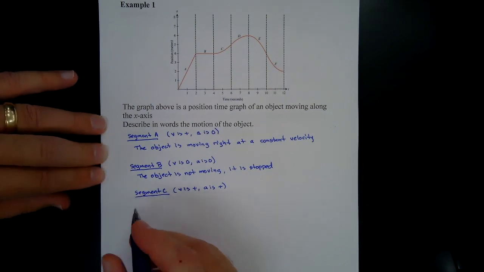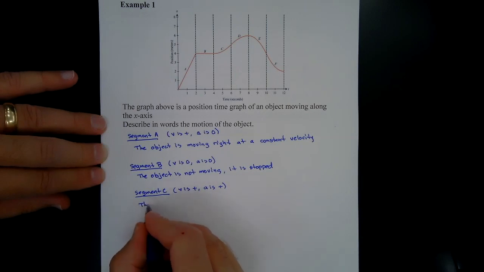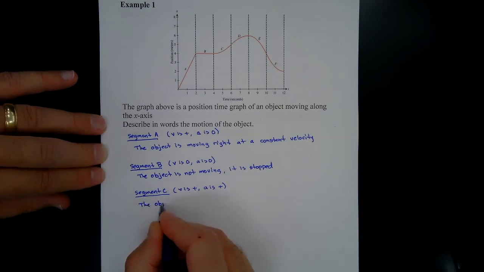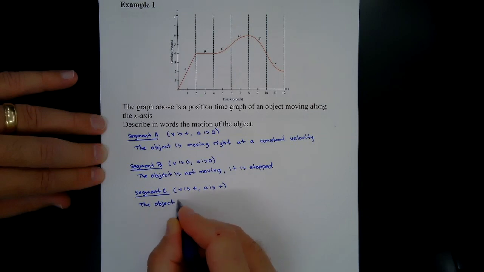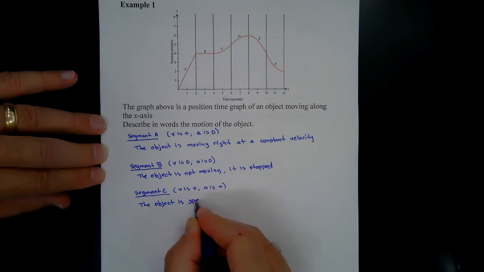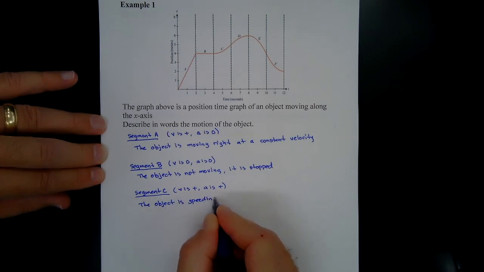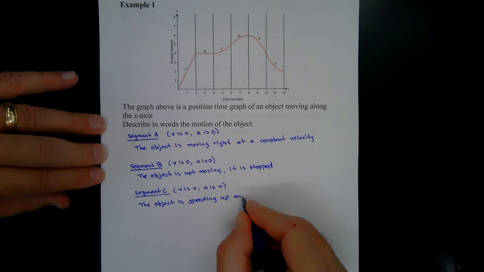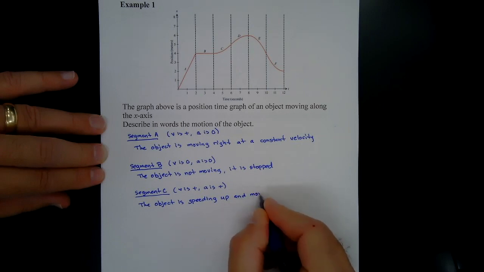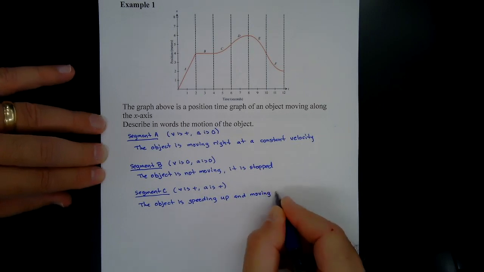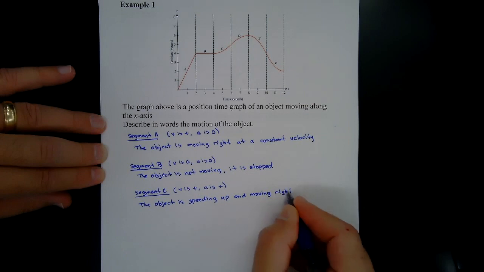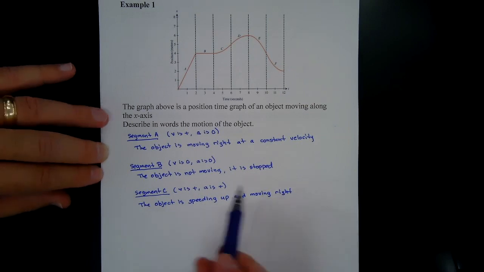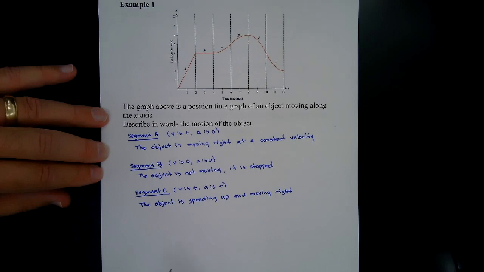So the object is speeding up, and because the velocity is positive, it's moving right, because right is the positive direction when we talk about moving on the x-axis.